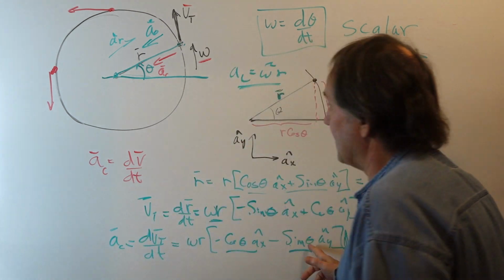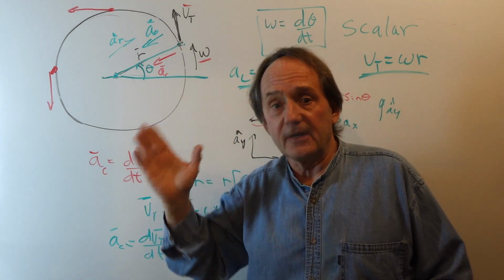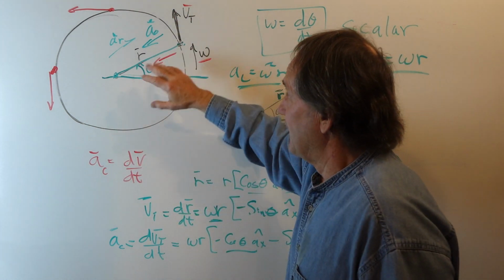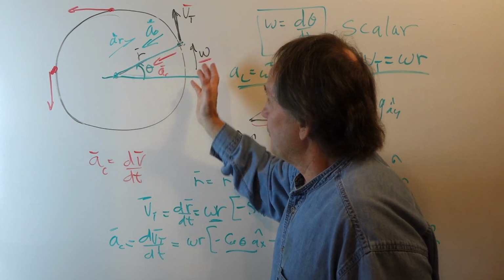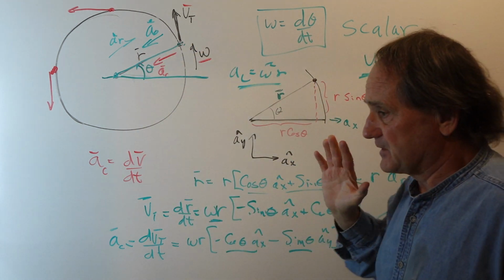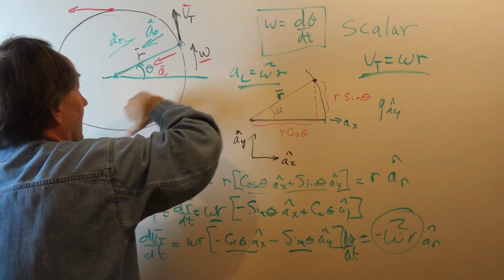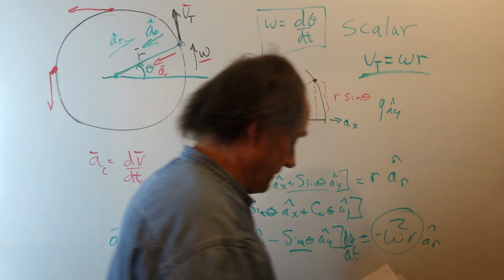It's because the vectors change position and orientation with time that gives rise to the acceleration, not the radial magnitude or the angular momentum. It's because the direction of velocity is constantly changing. That's what gives rise to the acceleration.